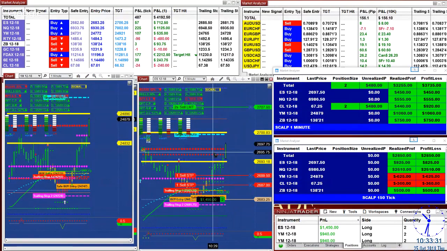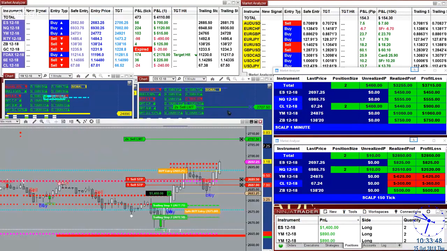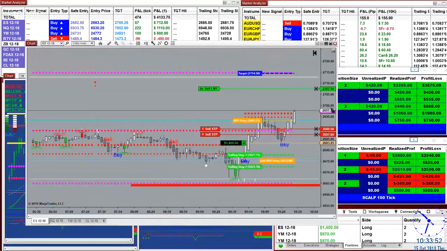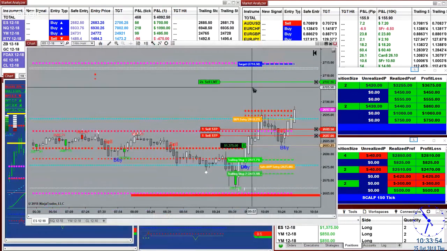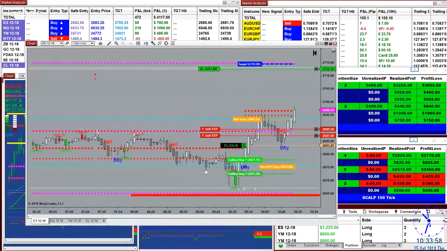You can see now we broke this ES, and we are about to hit the target, 725. And let me see. If you look at your 3 minutes chart, bingo right there.